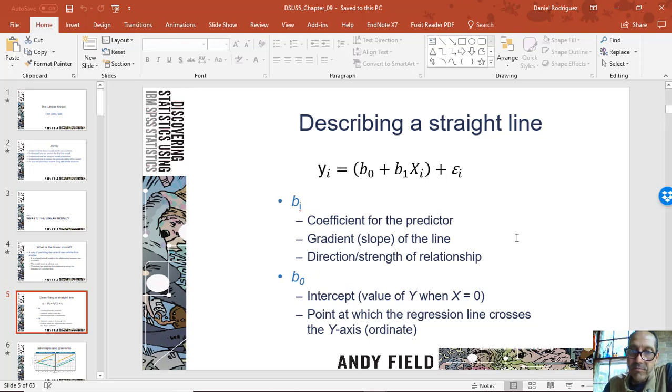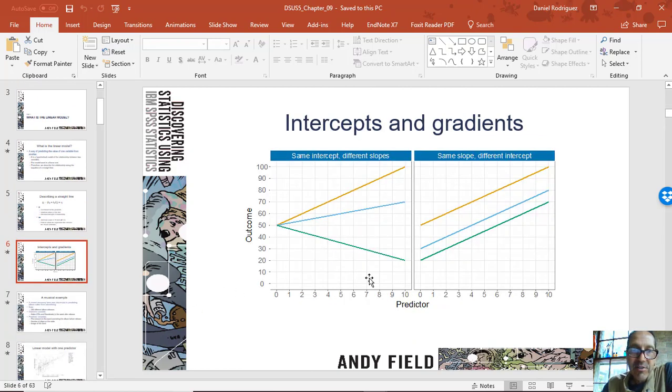So this is what the model looks like, and we'll get into that in more detail later. I talked about slopes and intercepts. Intercepts are where the line crosses the y-axis, and the slope, as Andy Field likes to call it, is the gradient.